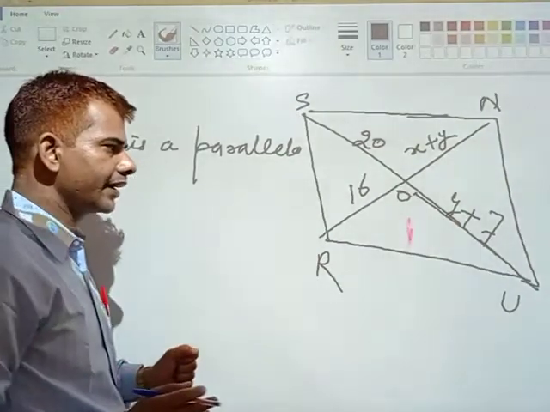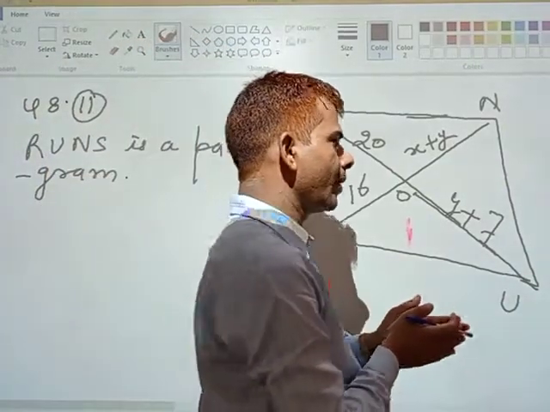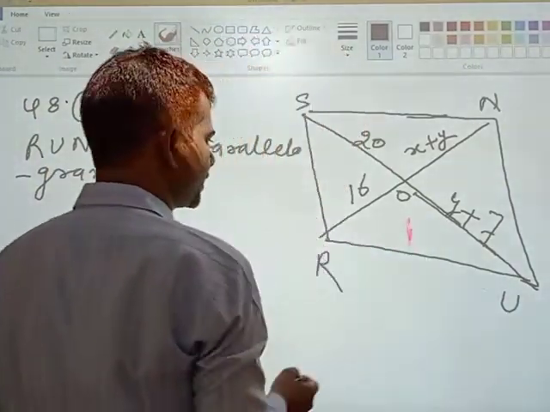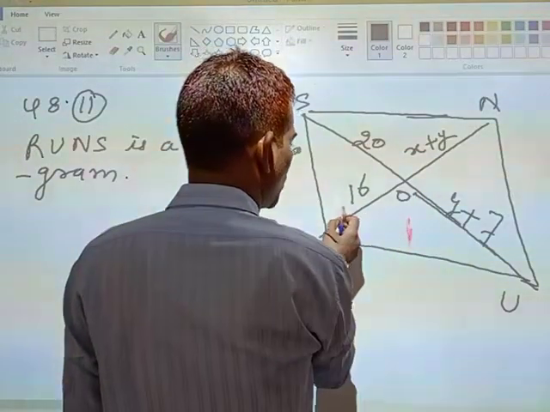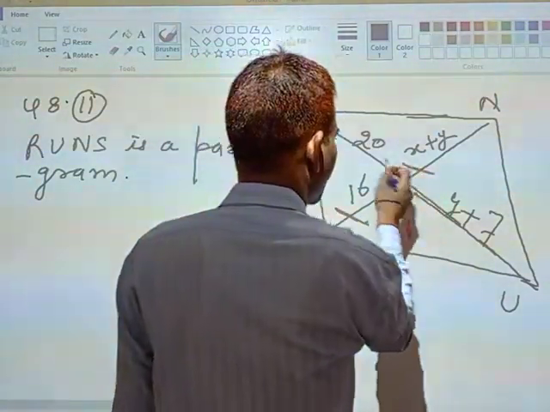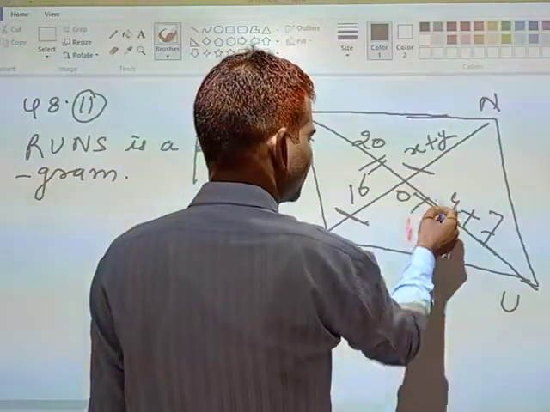As we know that diagonals of a parallelogram bisect each other. Bisect means OR is equal to OR. This is equal to this and this is equal to this.